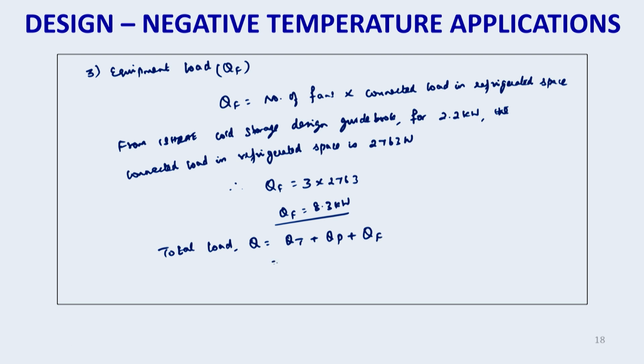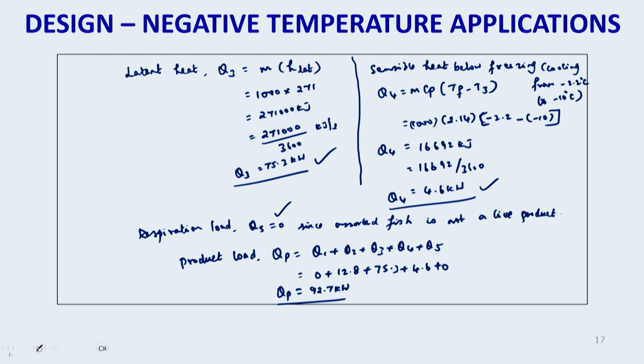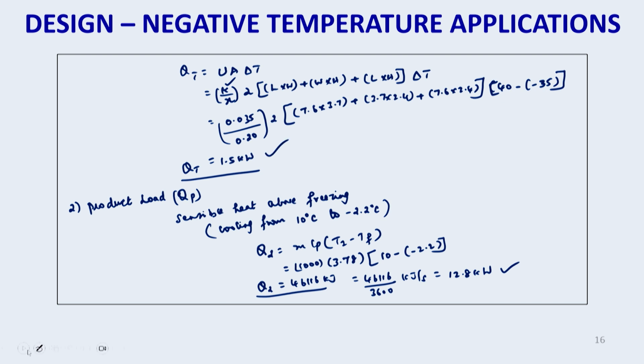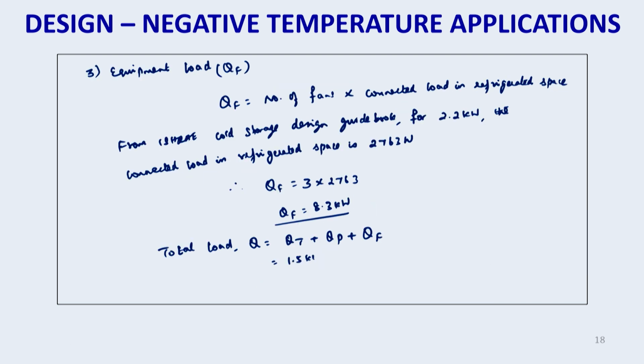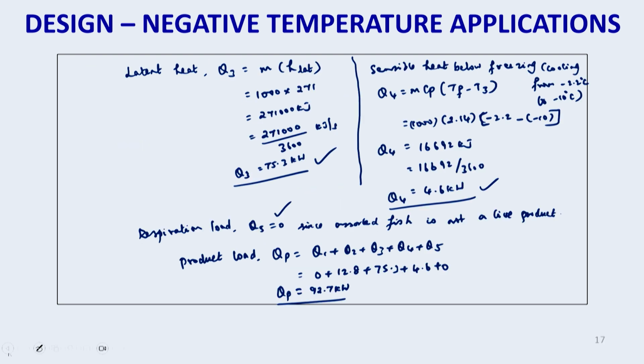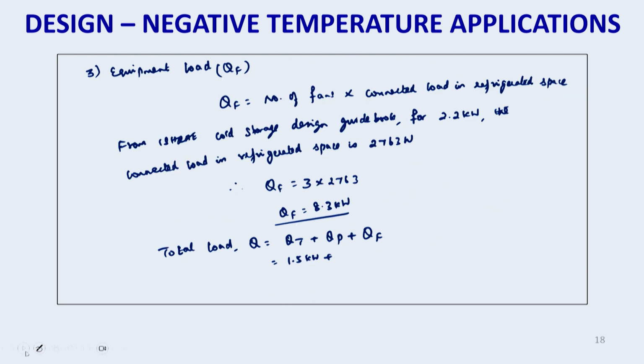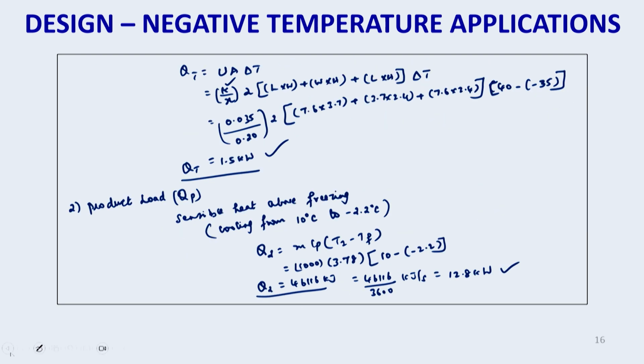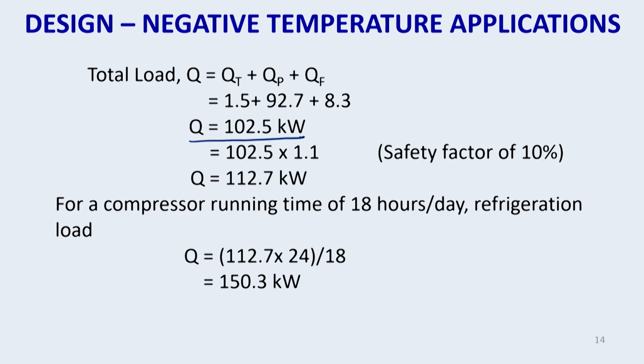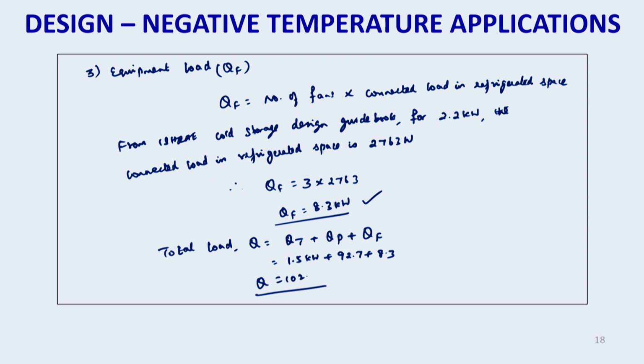Transmission load is 1.5 kilowatt, product load is 92.7 kilowatt, and fan load is 8.3 kilowatt. So the total load comes to 102.5 kilowatt.